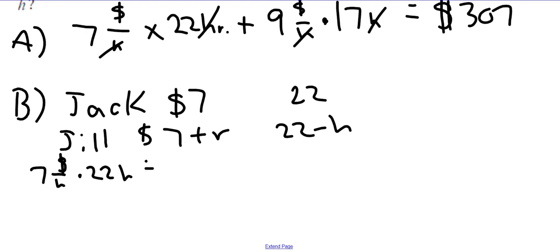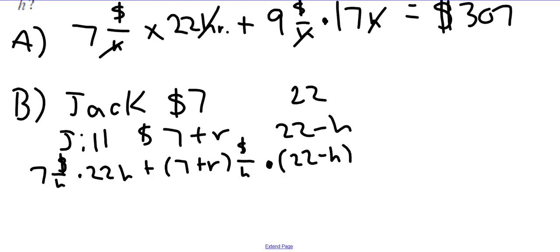Plus, now we have to do Jill's. She's going to make 7 plus R dollars per hour, times the number of hours she works, which would be 22 minus H hours.